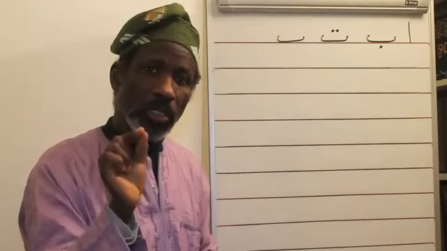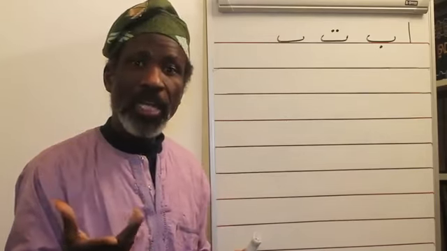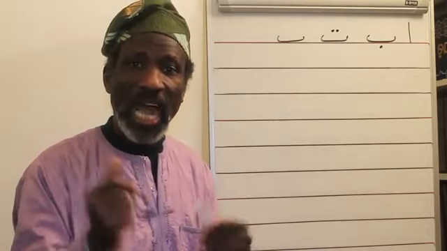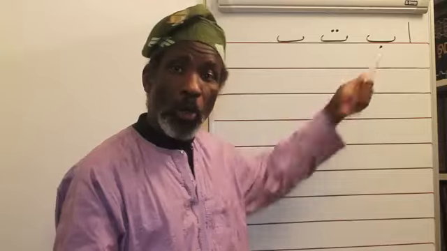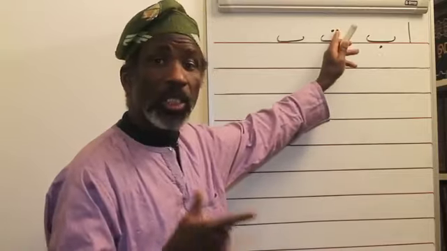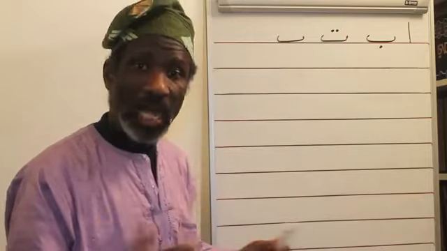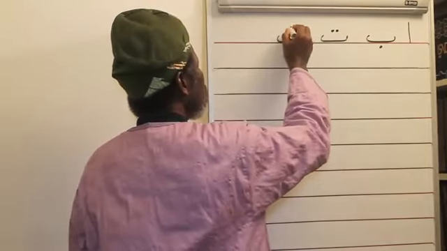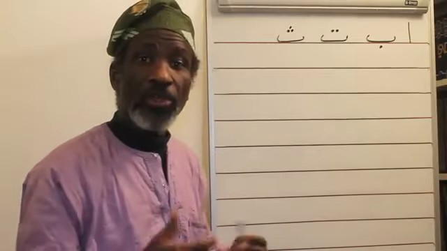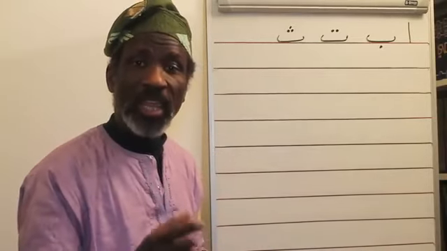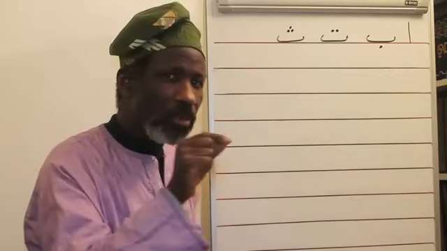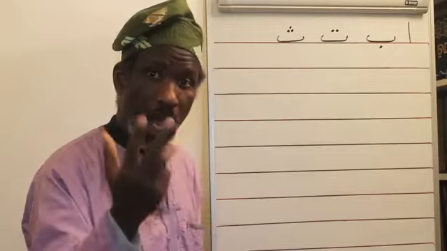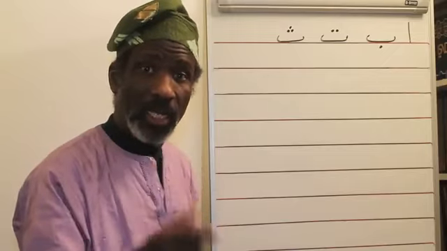I want the two dots to trigger again the name of the letter: Ta. So we have one below, Ba, two above, Ta. Let's put three dots, that's Tha. So the boat family: one dot below, Ba; two above, Ta; three, Tha.